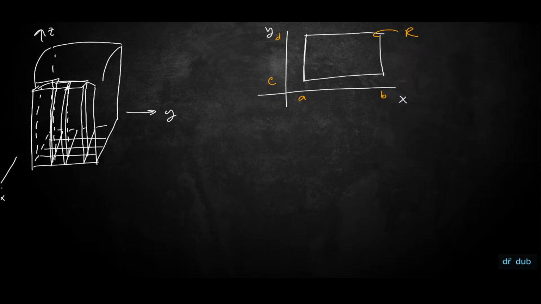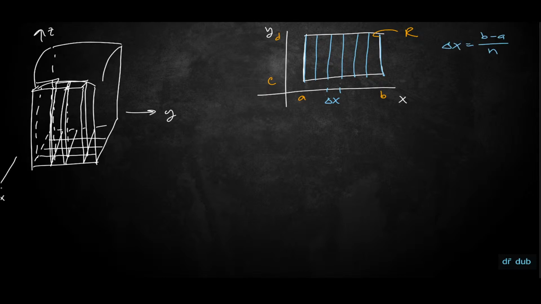And what we're going to do is we're going to cut the x direction into little lengths delta x, where delta x is going to be b minus a over n, and n is going to be the number of subdivisions for x to get delta x. And then same thing for y, we're going to cut it in the y direction.